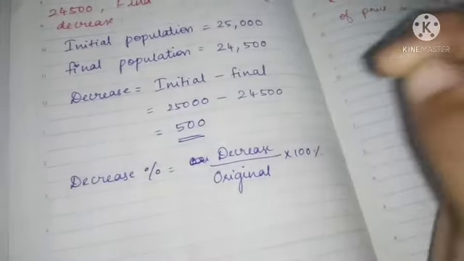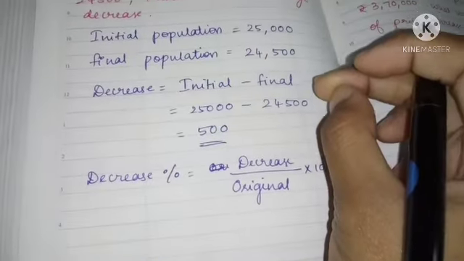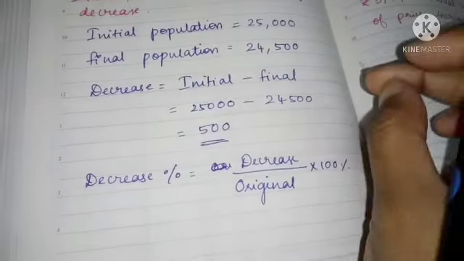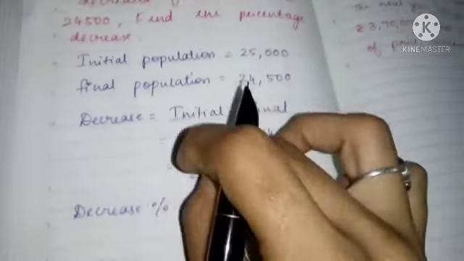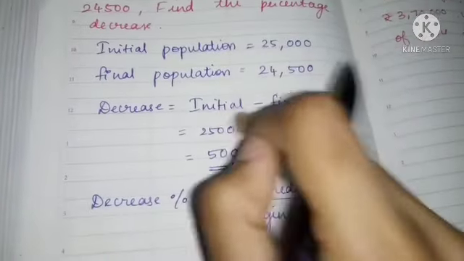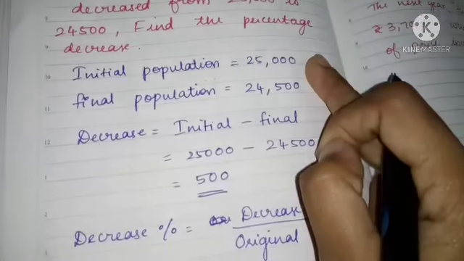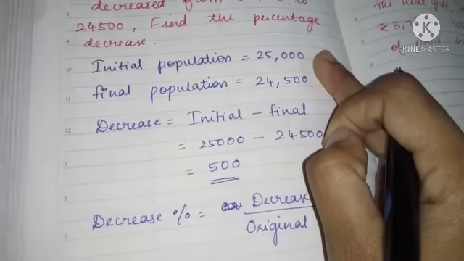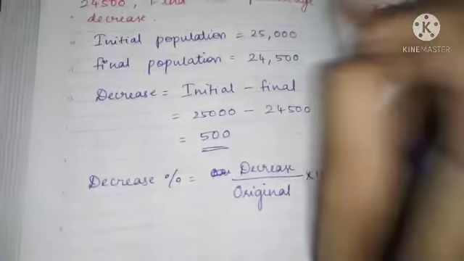Here the difference amount is nothing but the decreasing amount. In the formula they have given difference in amount. Here we are differencing the initial and final. So decrease is the difference between two values. Decrease divided by original. What was your original population? 25,000. From that only it is decreased. So original is your 25,000.